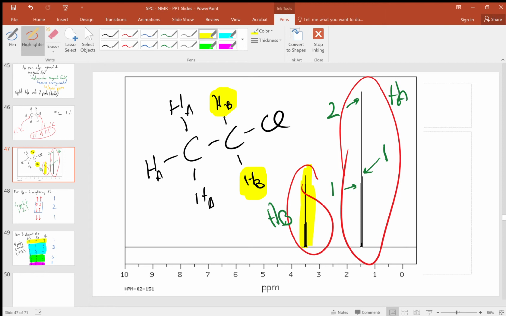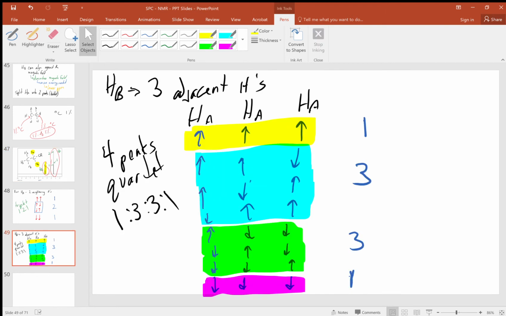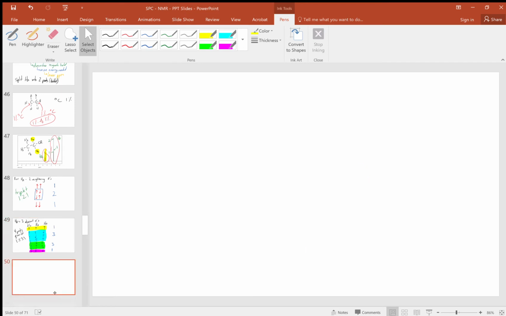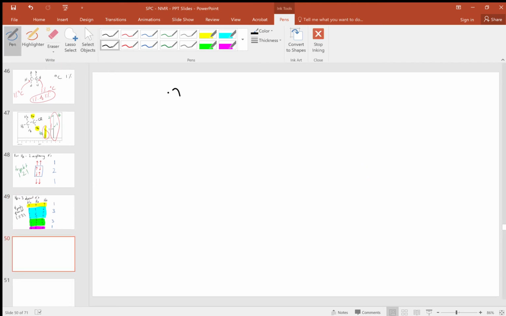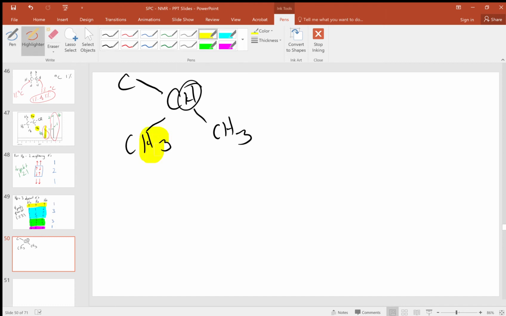Now, it's possible to have more than 3 adjacent hydrogens. For example, if you think about an isopropyl group, this hydrogen here is now adjacent to 6 hydrogens that are equal.